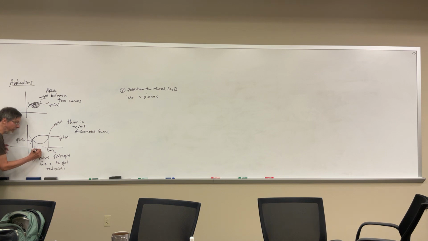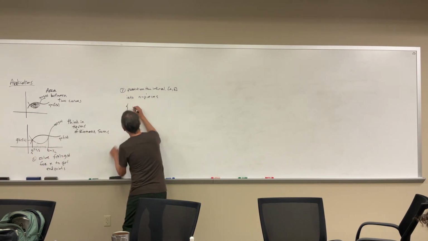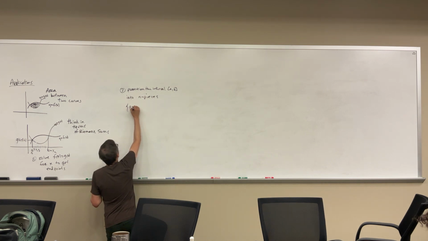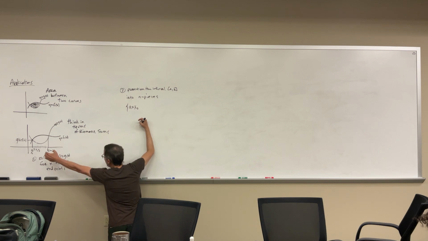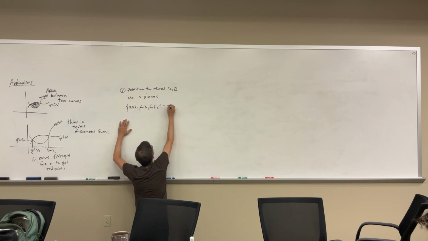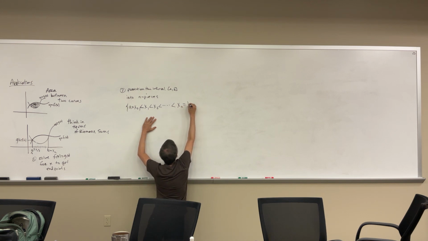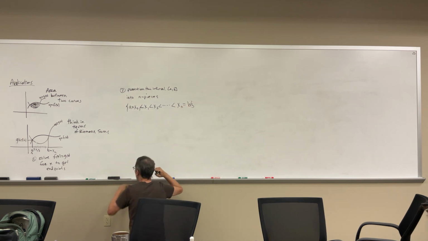So I'm going to say a is equal to x sub 0, the left endpoint of our interval, less than x1, less than x2, and so on, all the way up to x sub n, which is also just the right endpoint.